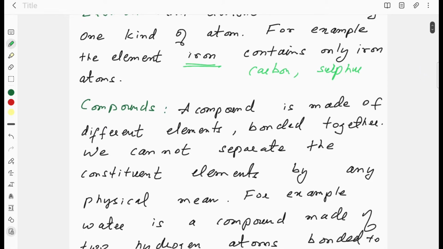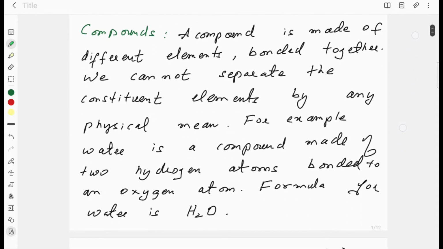Compounds. A compound is made up of different elements, and these elements are bonded together chemically, and we cannot separate the constituent elements by any physical means. For example, you can take water.